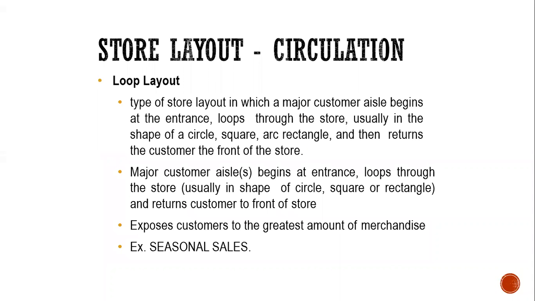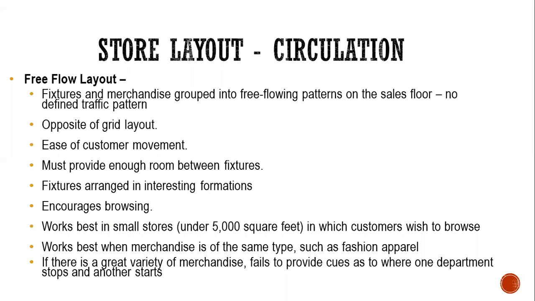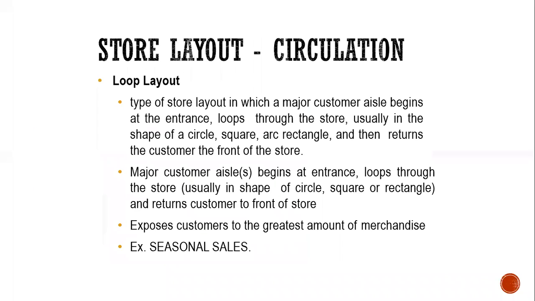Next comes the loop layout. In this type of store layout, the major customer aisle begins at the entrance, loops through the store, usually in the shape of a circle, square, arc or rectangle, and then returns the customer to the front of the store. Looping means coming back.